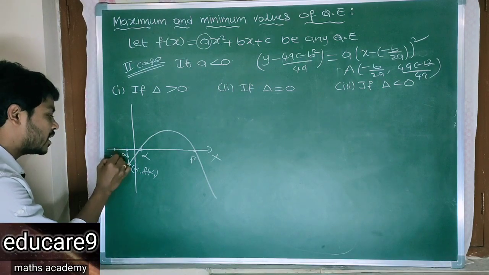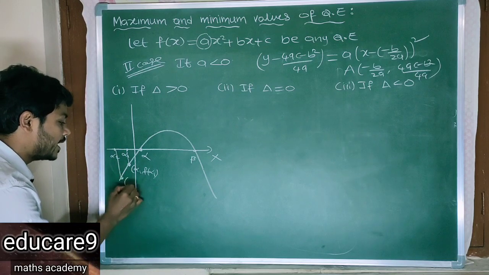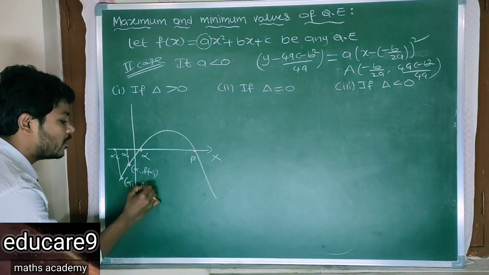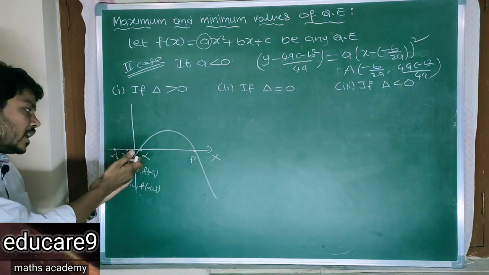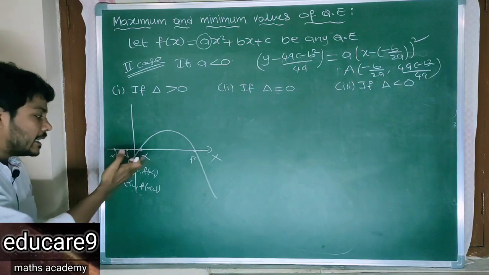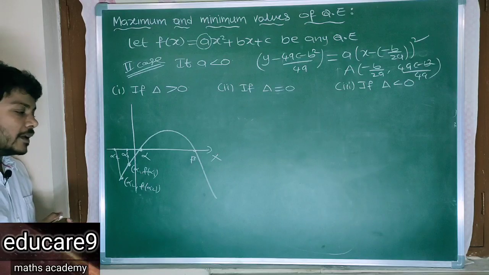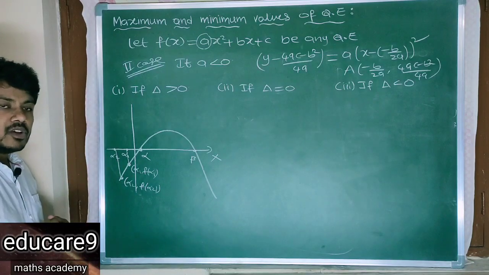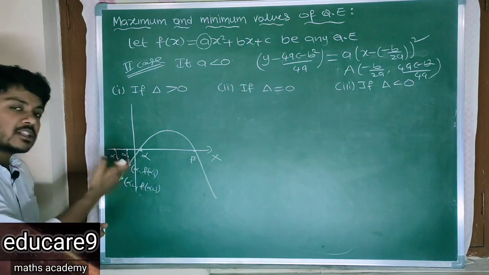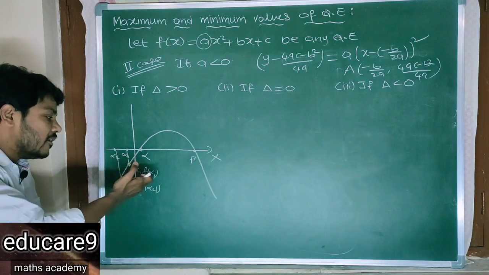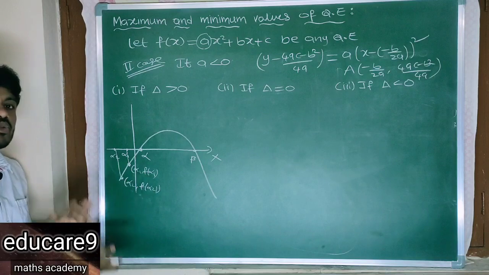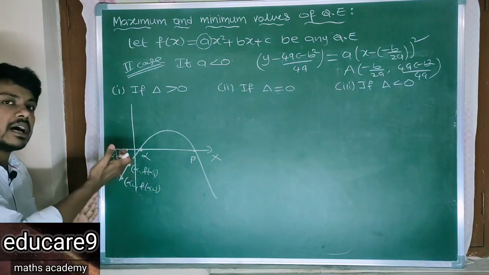Suppose this is alpha 2, and clearly this point is alpha 2 comma f of alpha 2. If x values are decreasing, meaning x less than alpha, in that case f of x values are also decreasing. That means f of alpha 1, f of alpha 2, and so on, all values are decreasing.